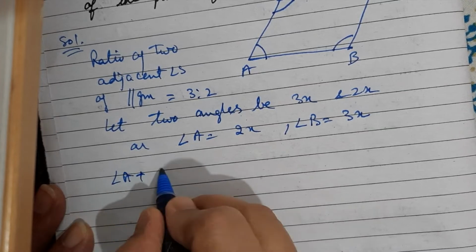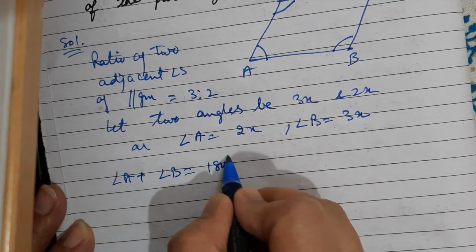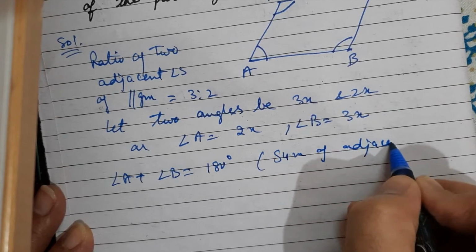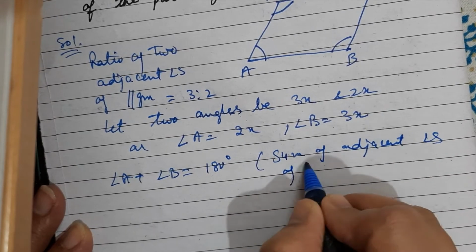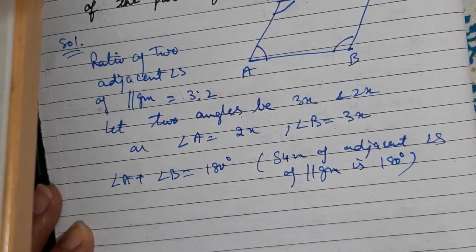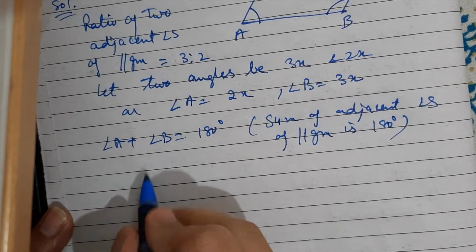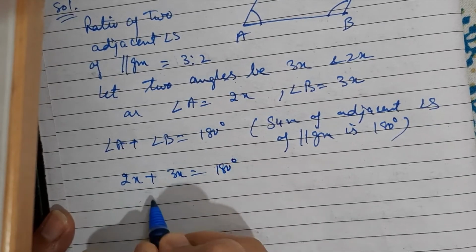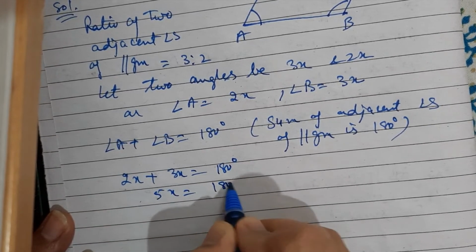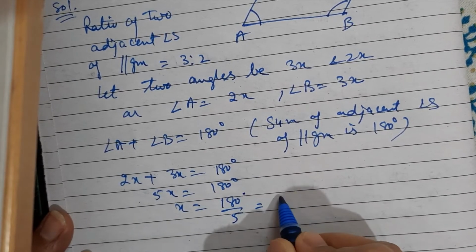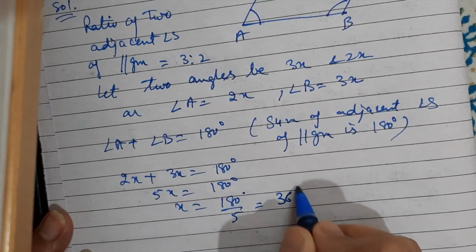Angle A plus angle B is equal to 180 degrees because sum of adjacent angles of parallelogram is 180 degrees, or supplementary angles. 2x plus 3x is equal to 180 degrees, 5x is equal to 180 degrees, x is equal to 180 upon 5, 36.